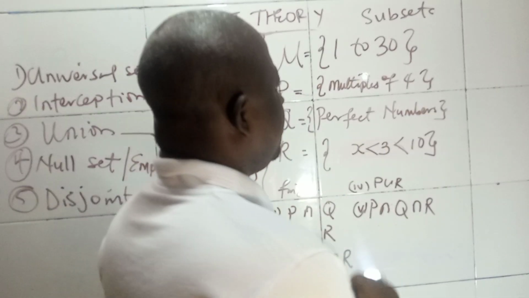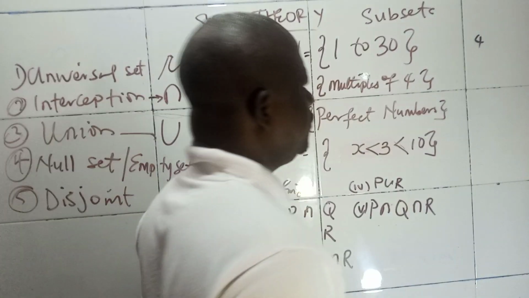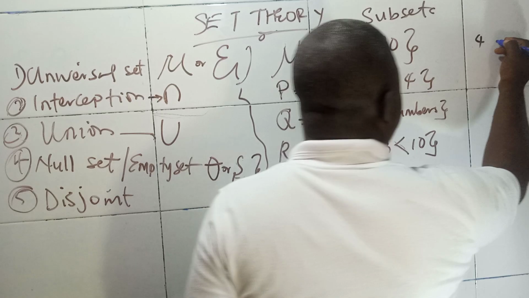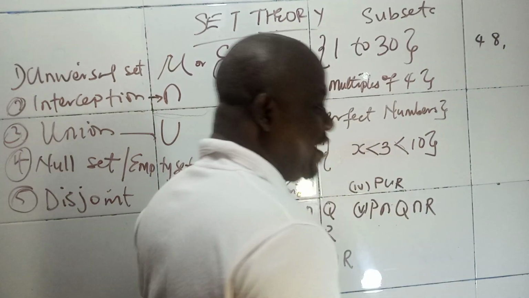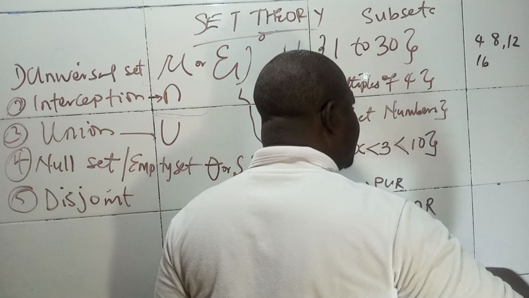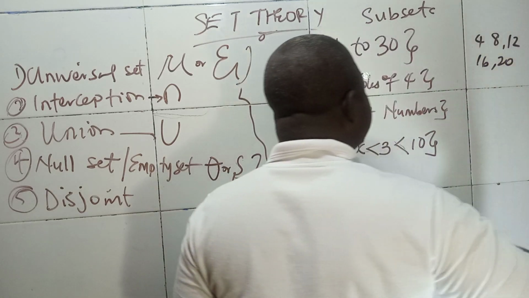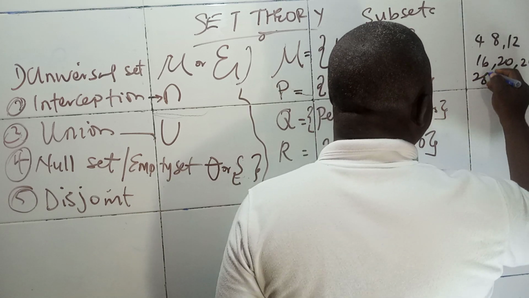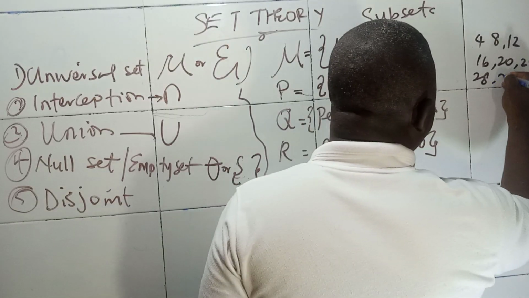For instance, if the common difference is 4, it means that the next number will be 8. The next number will be 12. Then 16, 20, 24, 28. The next number will be 32.